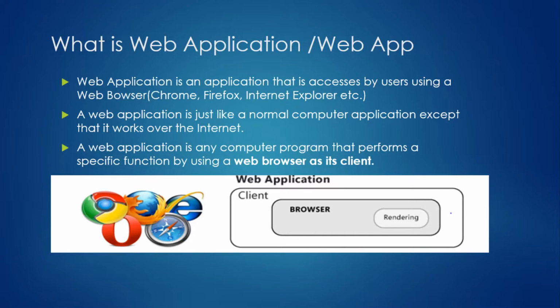We will discuss web application architecture in detail later, but the main thing here is that a web server is there and a web client is there. Our web application is deployed on a web server and we access it on a web client.